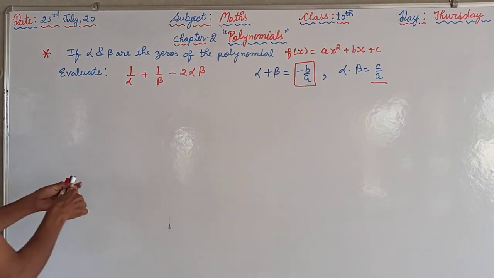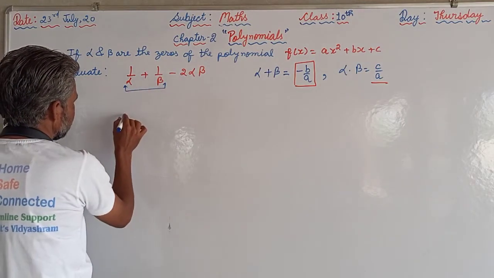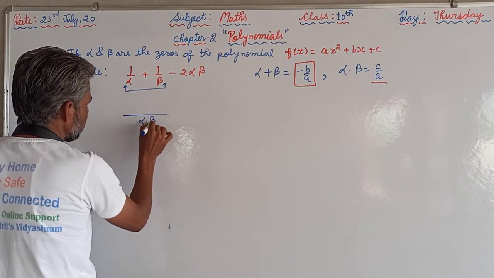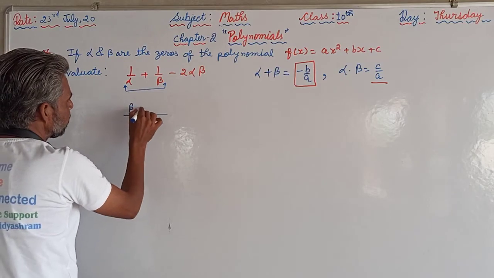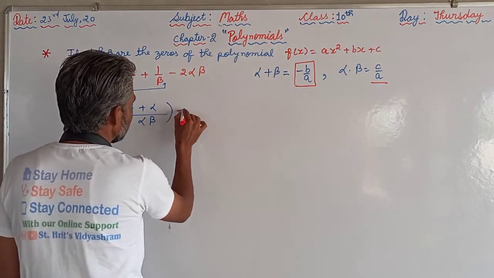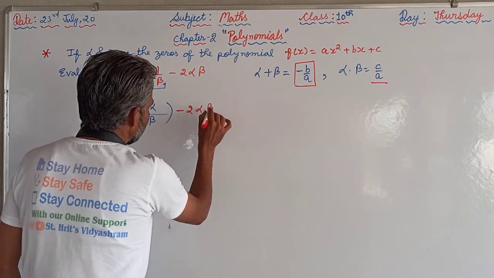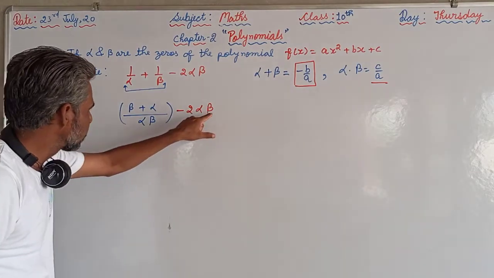First of all we will take the LCM, that is alpha beta. Alpha beta is the LCM, then upside we will get beta plus alpha, and here minus 2 alpha beta.